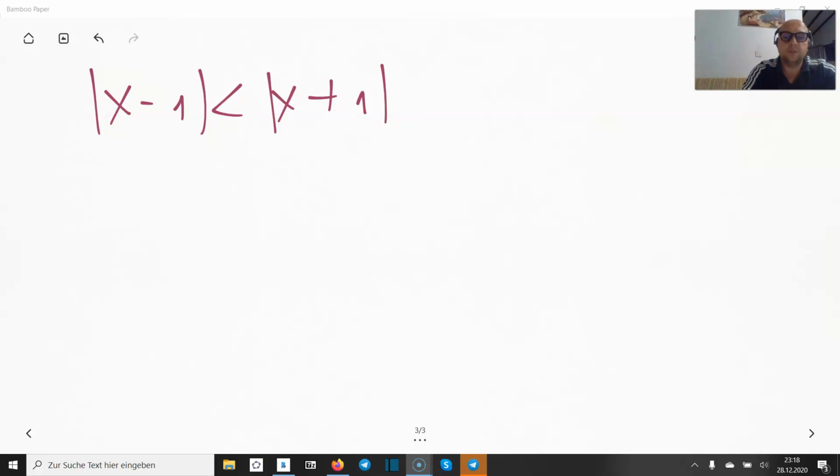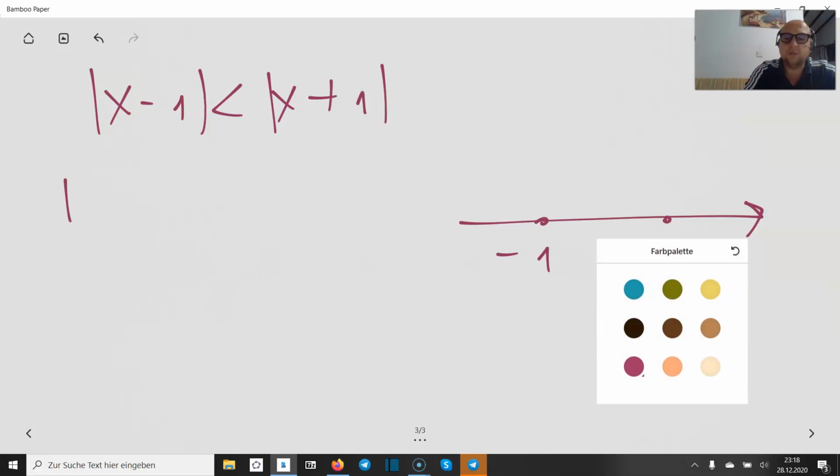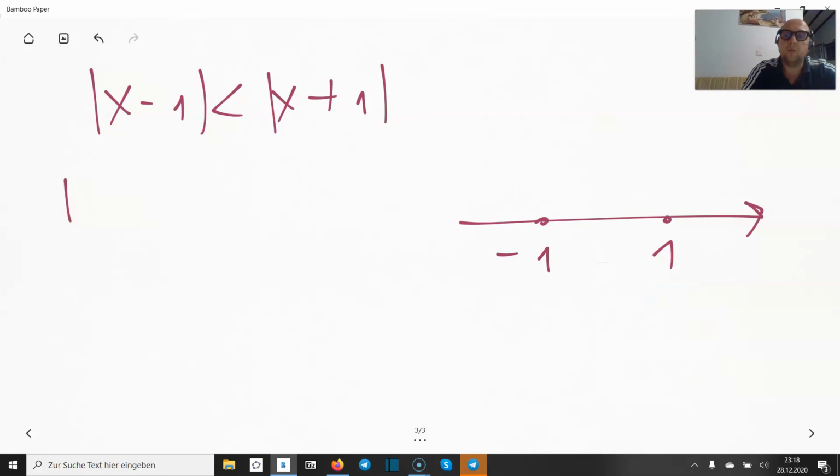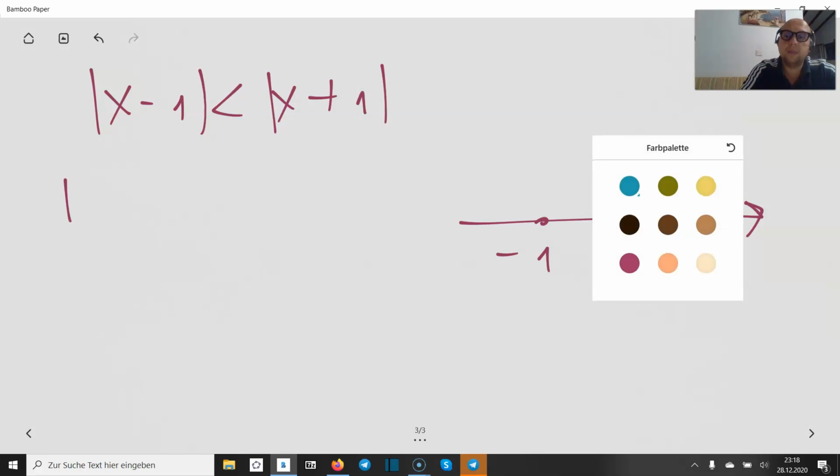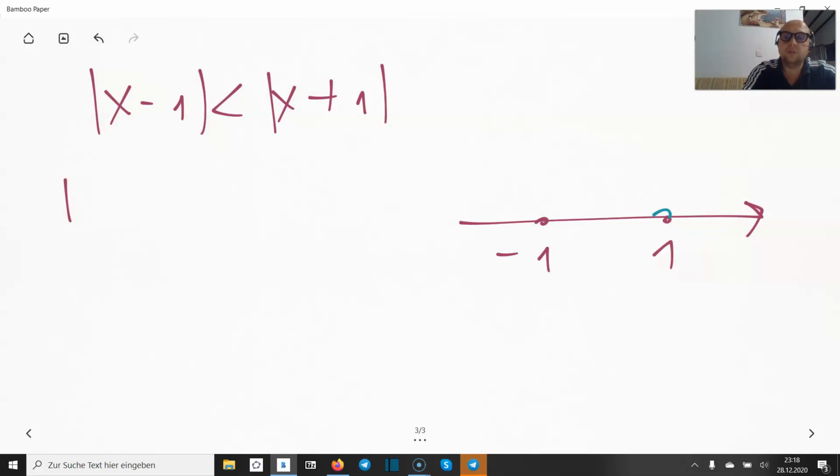So first of all, you see, we have minus 1 and 1. Those are two values where we can switch. And this is how it goes. So first of all, if x is less than minus 1, what is happening with the first absolute value?